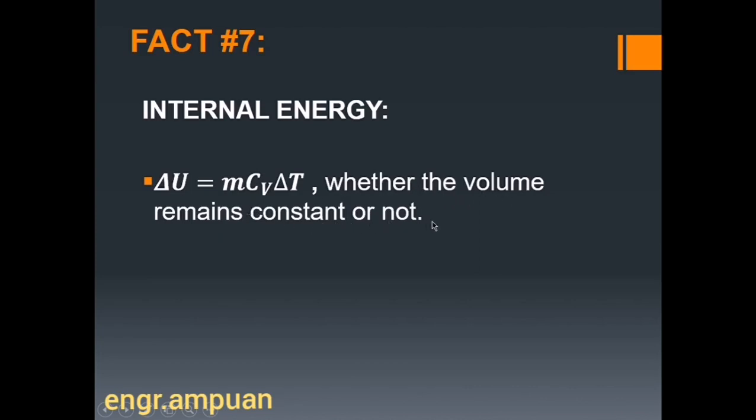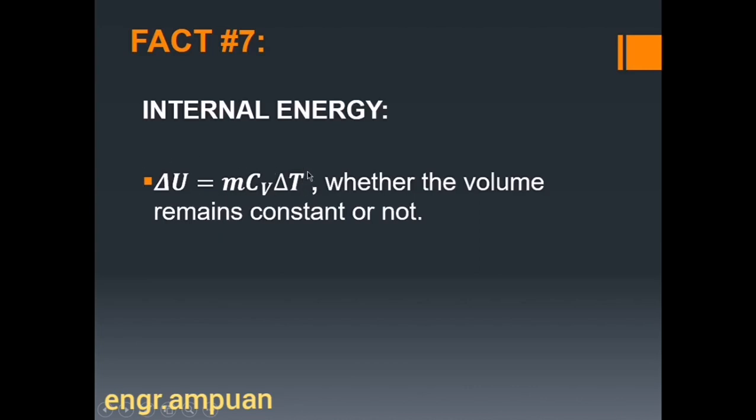It means that in all processes, the internal energy uses this equation, except when the change in temperature equals 0, because it is obvious that the internal energy will become 0.